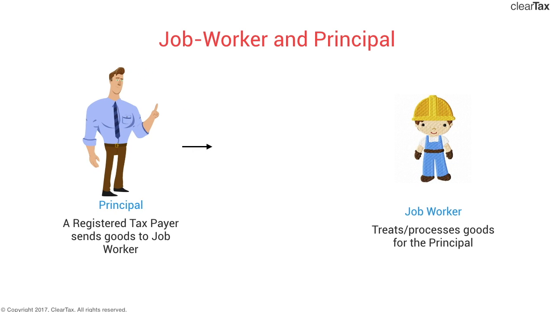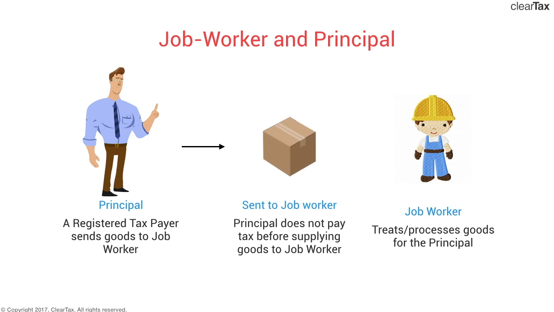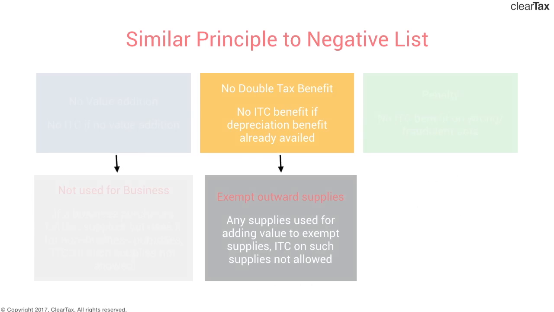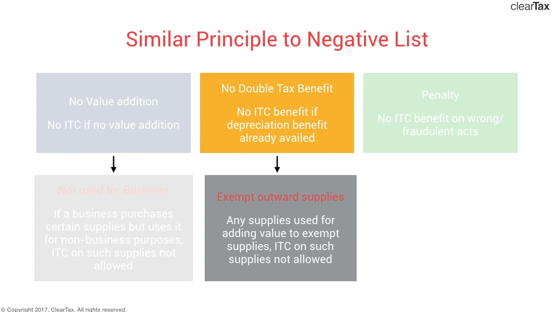The principal will have to send goods to the job worker, and on these goods he does not pay any tax before supplying them to the job worker. So this situation is similar to exempt outward supply. Remember how we treated exempt outward supply? All the inputs that go into exempt supply, there is no input tax credit available.